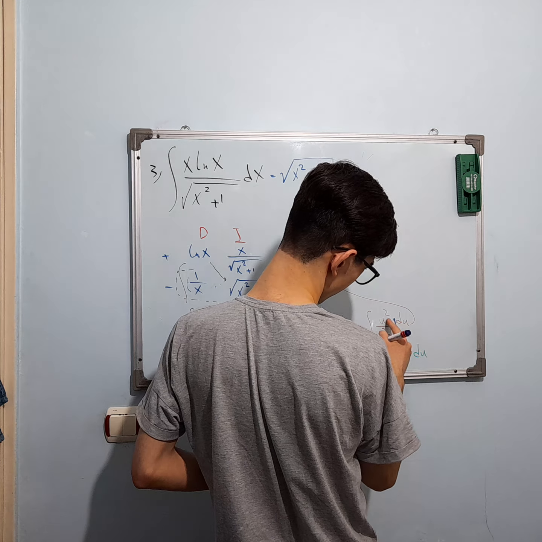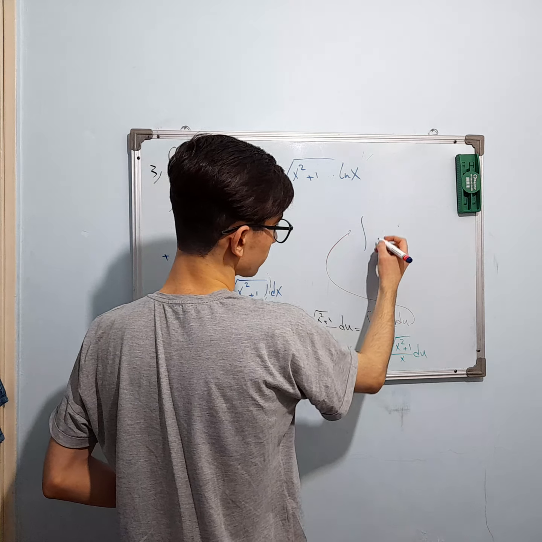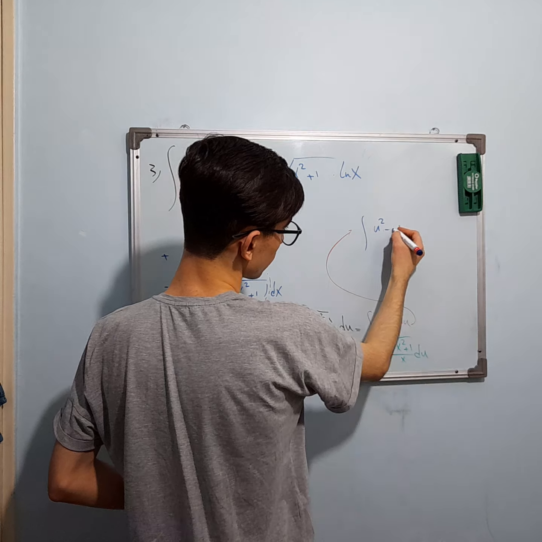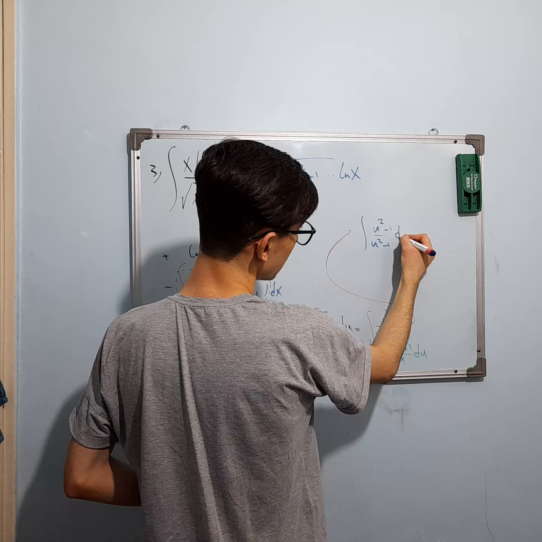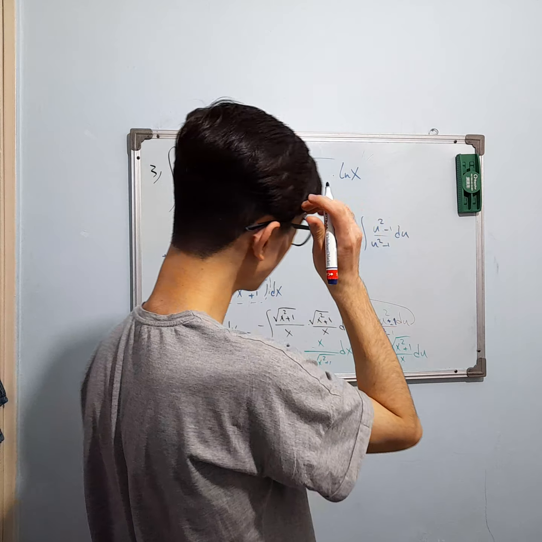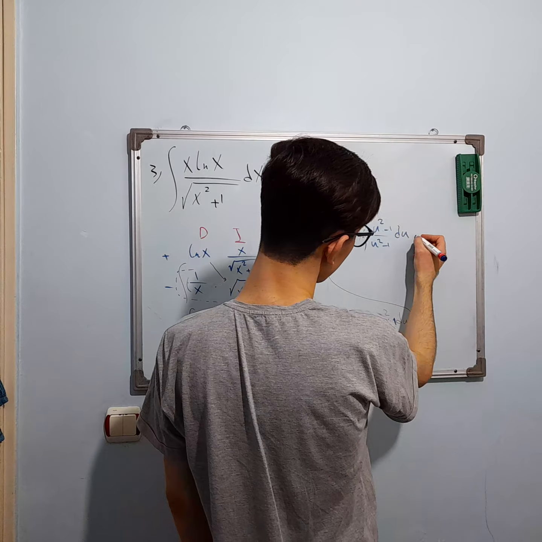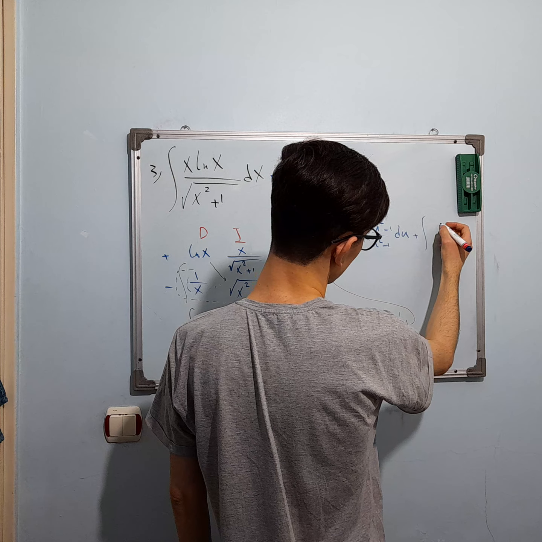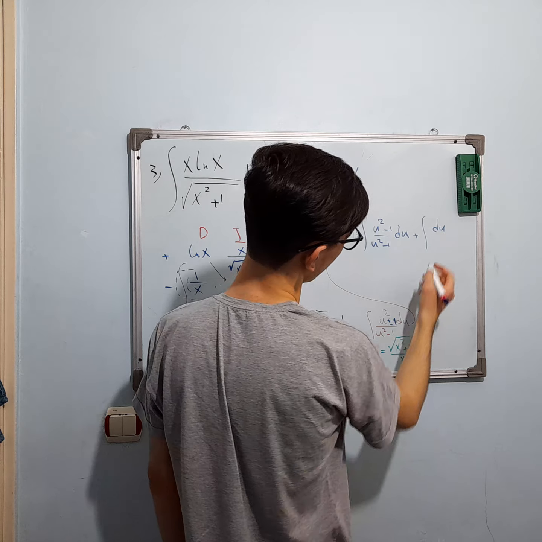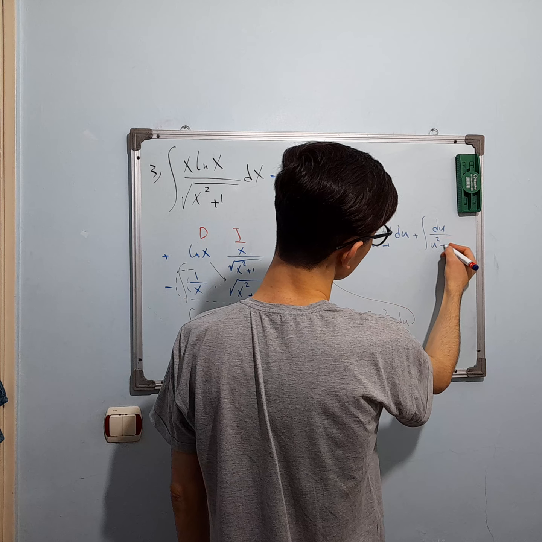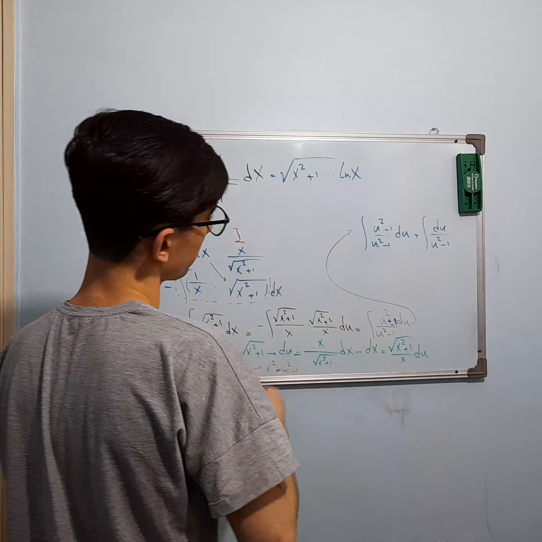We have u squared minus 1 over u squared minus 1 du, which cancel out, leaving only the integral of du, and plus du over u squared minus 1, because there's only 1 left. It's easy peasy.